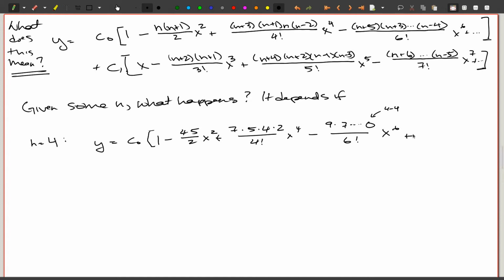And then if you imagine any term after it, you had n plus 3, n plus 1 reappear. So if you hit n minus 4 right there, you're going to hit n minus 4 again. So it's actually just going to be plus 0, plus 0, plus 0.